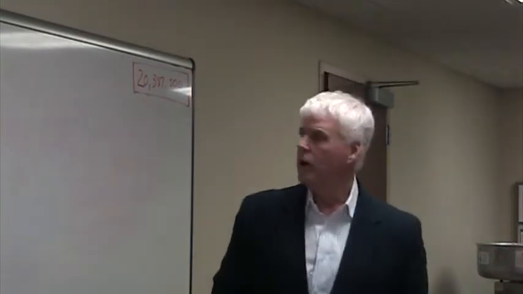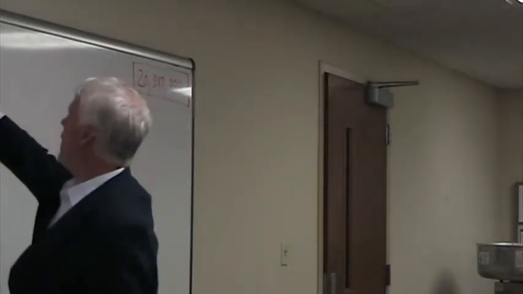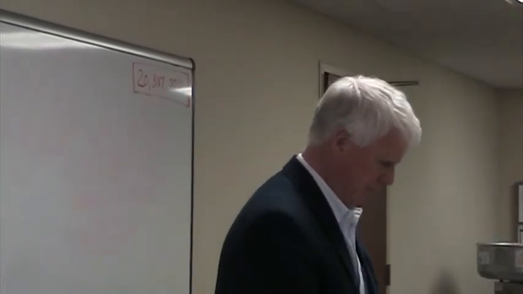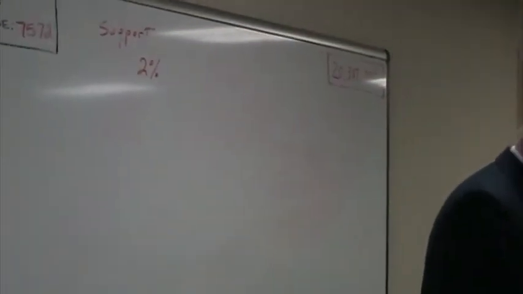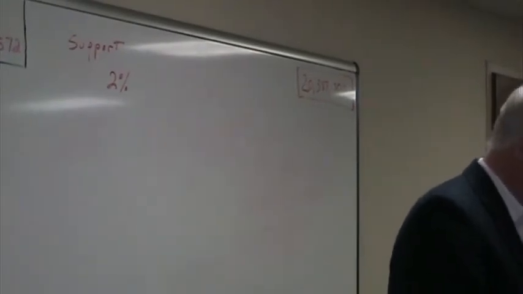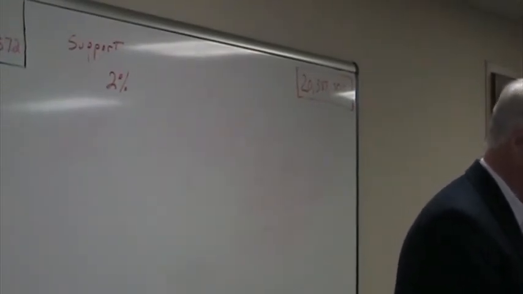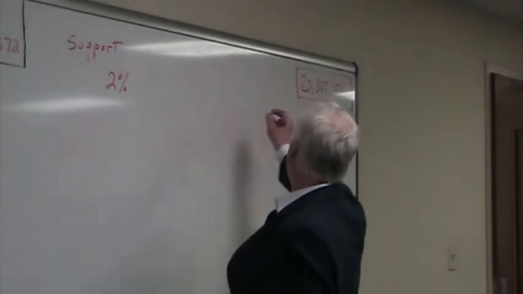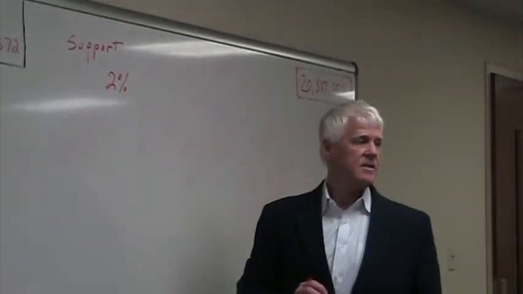Okay? So, support personnel, we're going to pay them what percent? It doesn't say in the book, but I'm telling you 2%. So we're going to pay 2% of the total expenses. So what's that number?